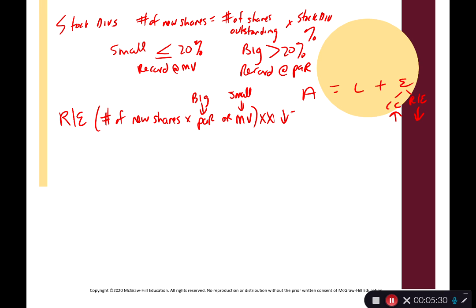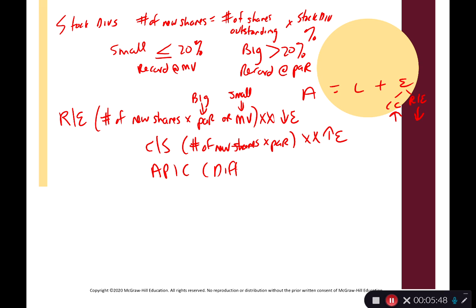And that decreases equity. Then we're going to credit common stock for the number of new shares times par, which increases equity. And then if needed, we'll use additional paid-in capital for the difference.